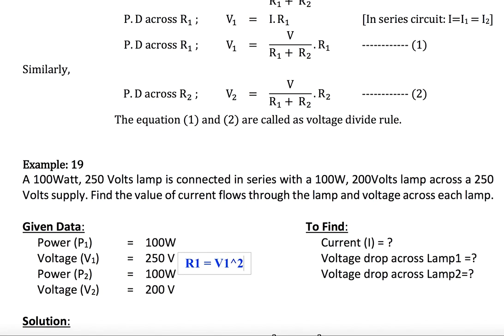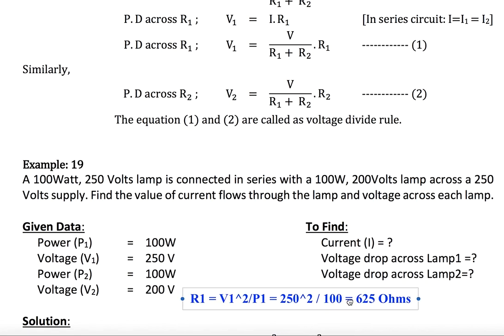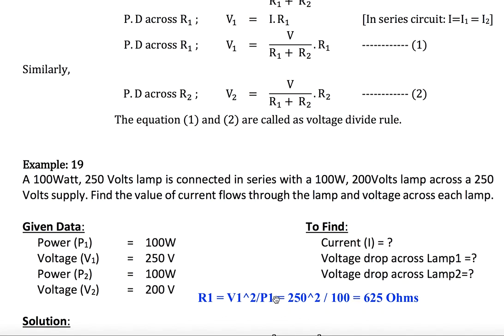What is V1 square? 250 square, divided by P1, 100. So 100 will cancel out, giving 625 ohms. That is what R1 is. What about R2? We'll follow similar lines.